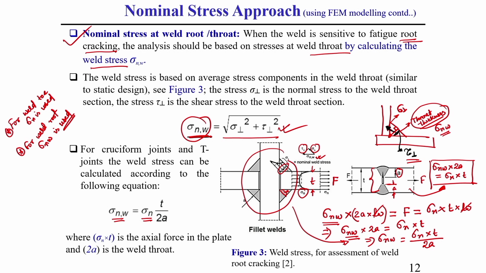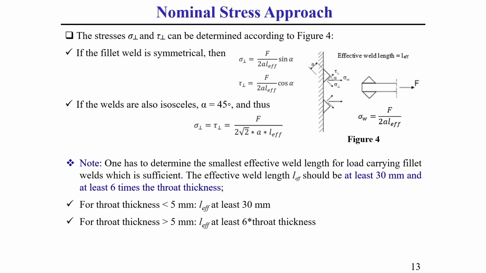Now, the relationship between sigma N and sigma NW I have also shown. Now, I am showing one example of how this sigma NW comes. Let us consider this weld, a little bit I am showing.